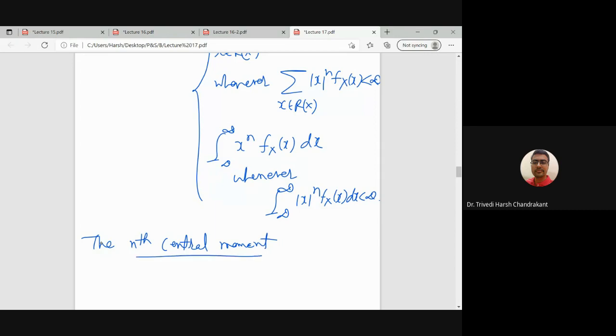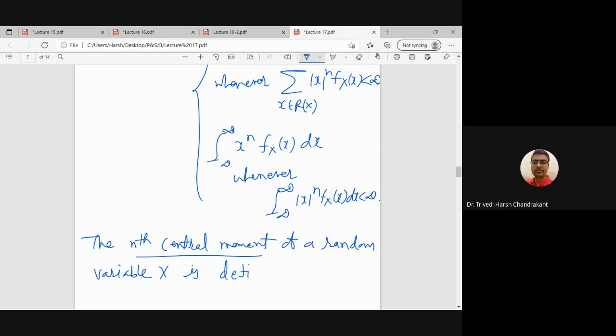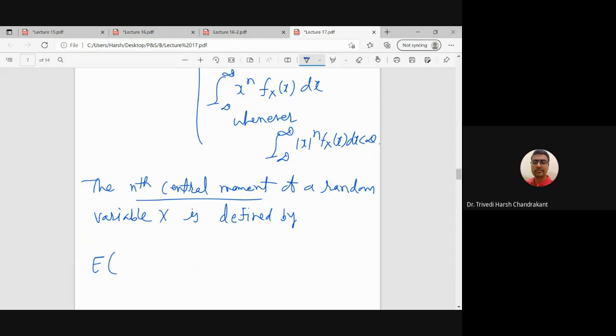The nth central moment of random variable X is defined by the expectation of the random variable (X minus E[X]) power n.